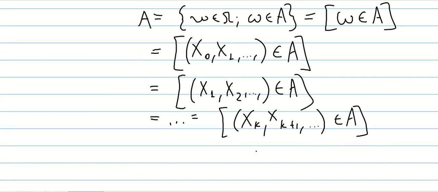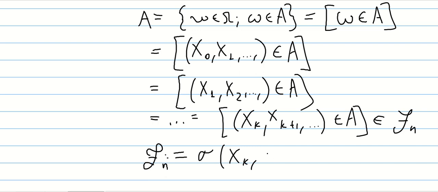that essentially tells you that A belongs to the sigma algebra Fk. Fk is defined as the sigma algebra generated by xk, xk plus 1, and so on, exactly what we have above. So why are we doing this?